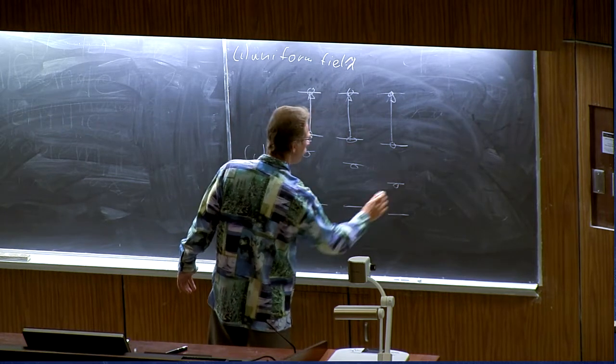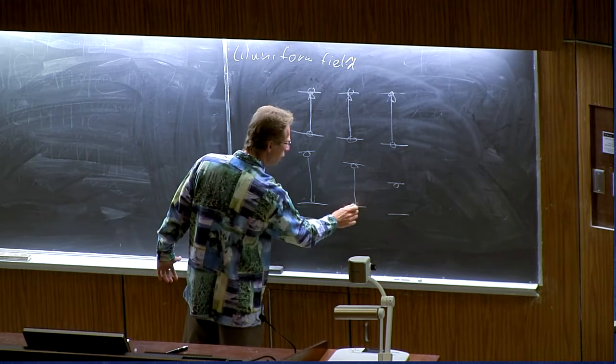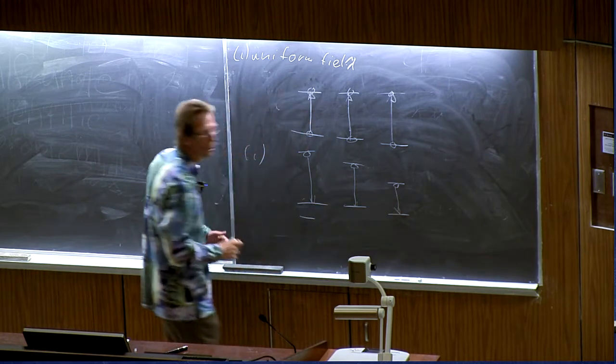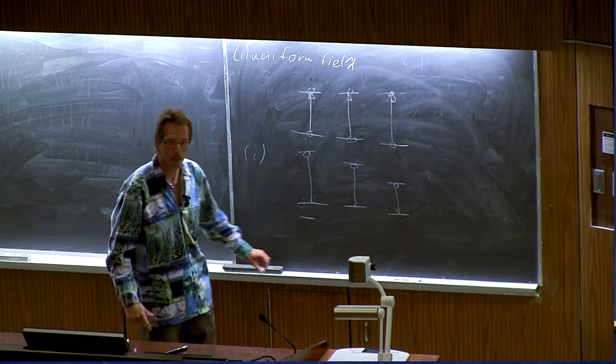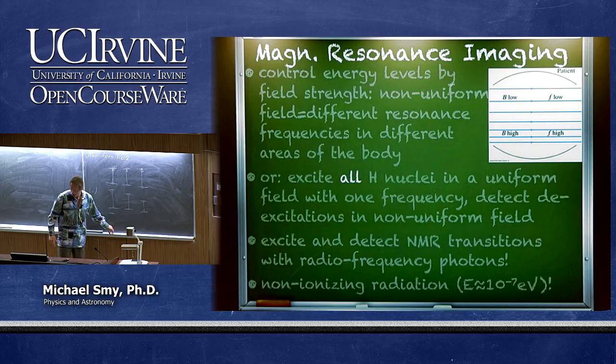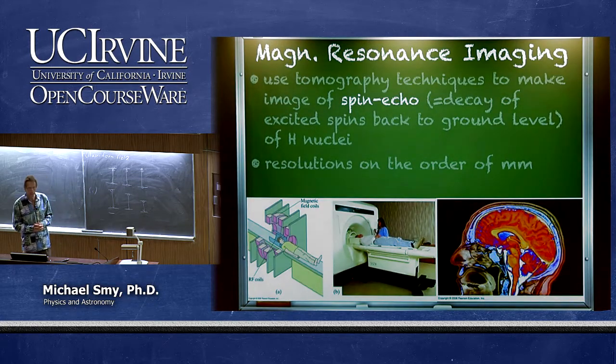And all the upper energy levels are filled, and they fall down and emit different radio frequencies depending on where they are in the body. And then you can use the tomography techniques to turn this into images.